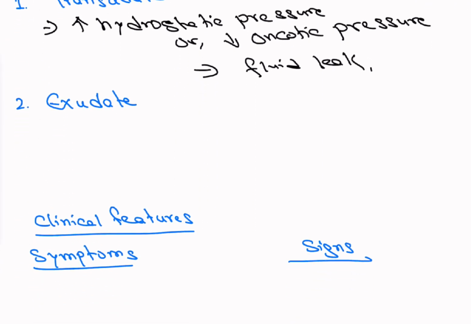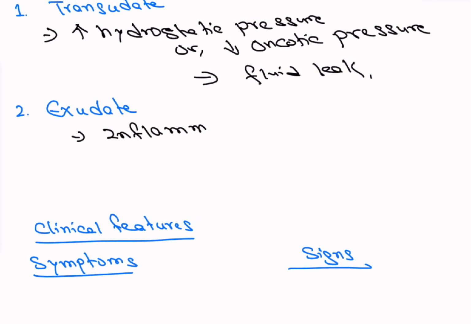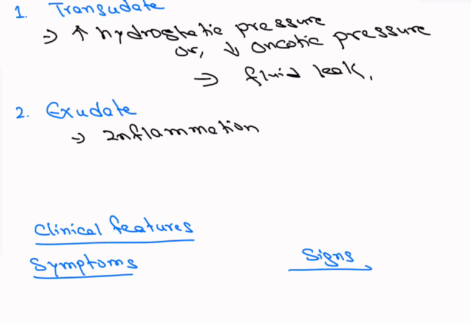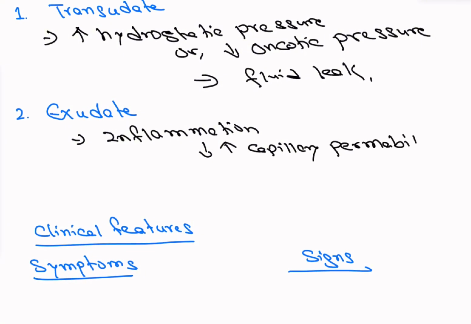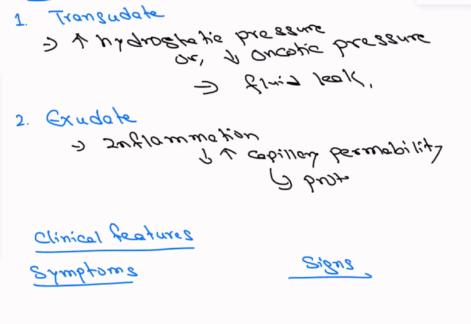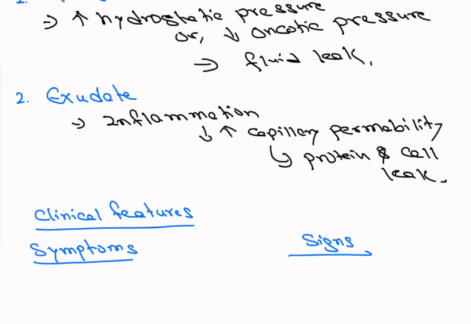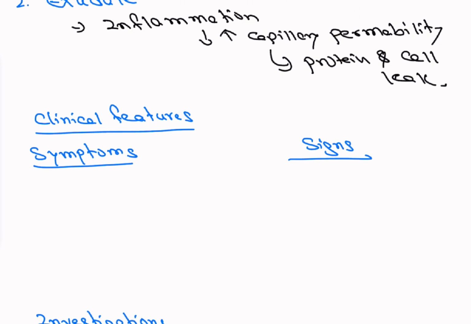Exudative, we all know, is due to infection, inflammation. So, firstly, it causes inflammation, which causes increased capillary permeability, and finally protein and cell leak.